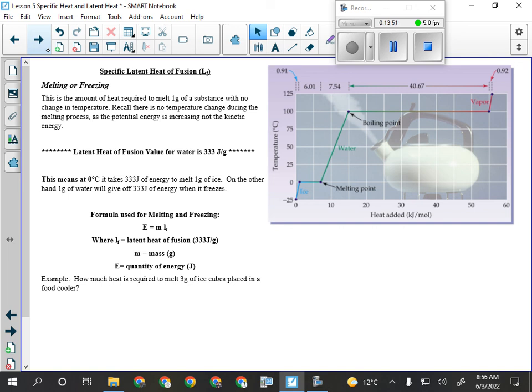So the formula that we use to calculate how much energy is involved in this step is right here. The energy equals the mass in grams times the latent heat of fusion, which is 333 joules per gram. You're never going to have to manipulate that formula. You're always going to use it in that form. So all you have to do is take the mass and multiply it by 333. You're done. Super easy.